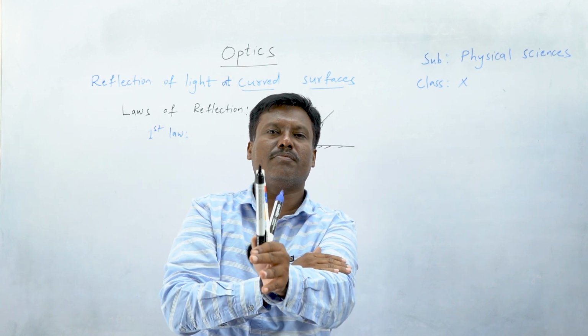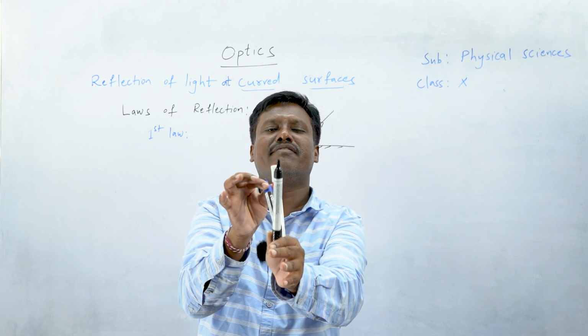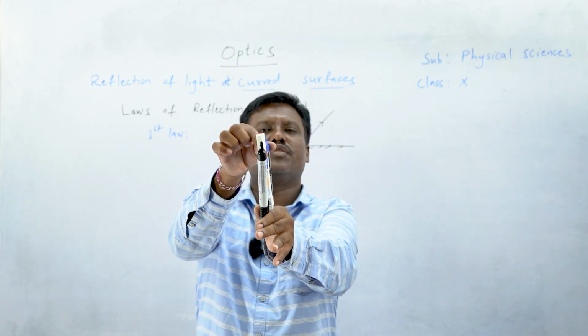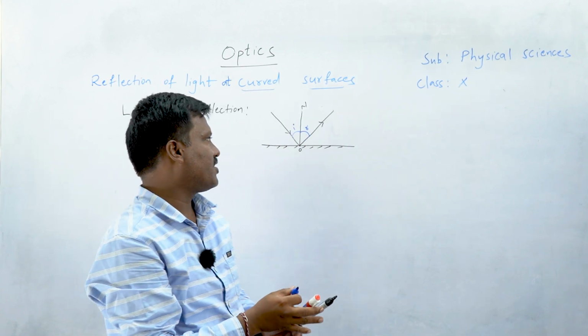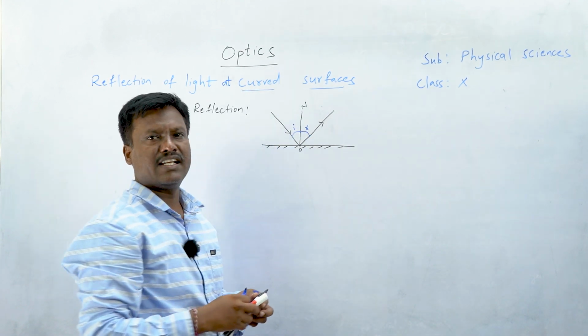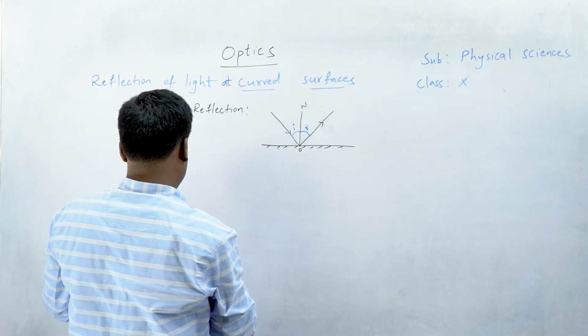This won't happen in reality. All these three will lie in the same plane. I hope you understand. Incident ray, normal and reflected ray lie in the same plane. So this is called the first law.